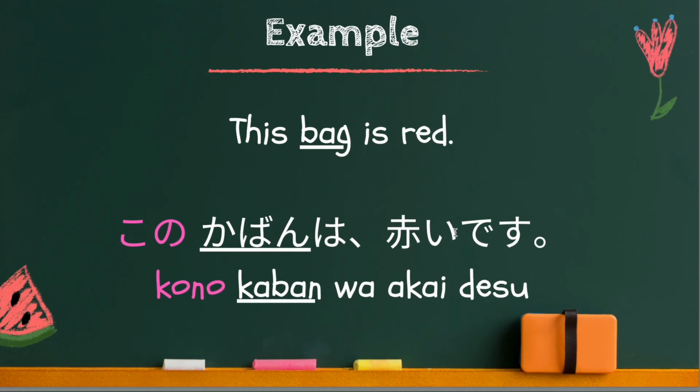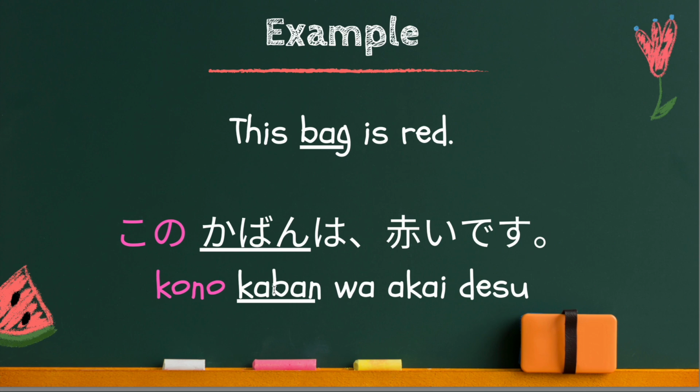This bag is red. このカバンは赤いです。So this time you need to be specific. It's not only this is a bag, but this time this bag is red. You are more specific about this, what you are pointing at. So therefore, it's このカバン.